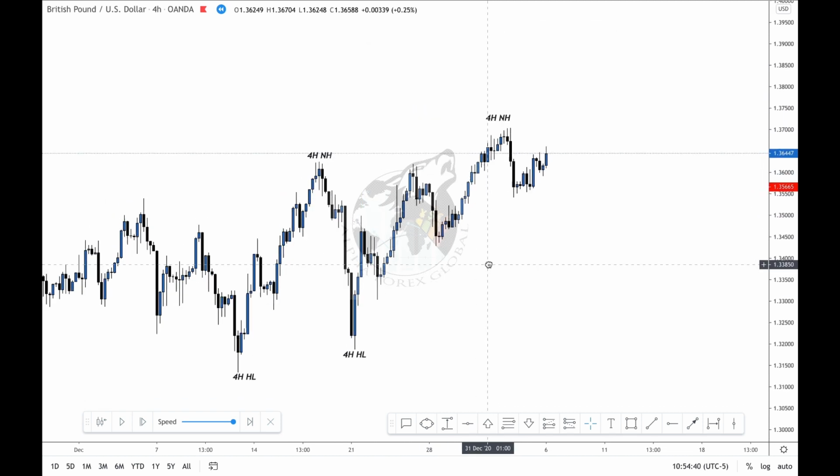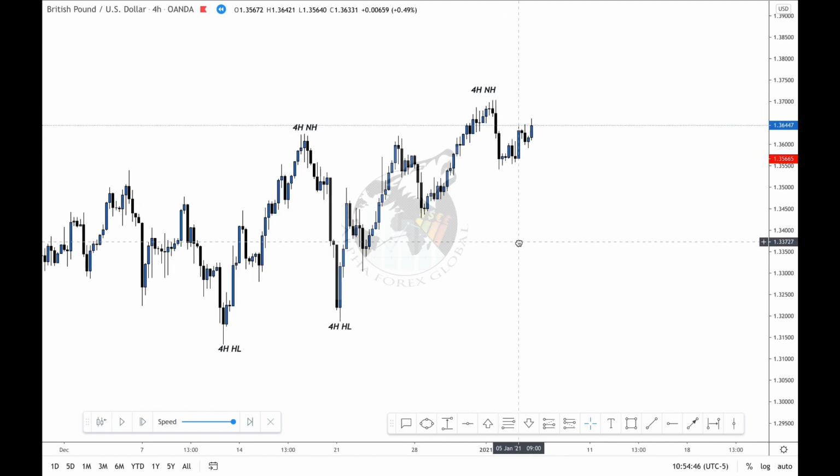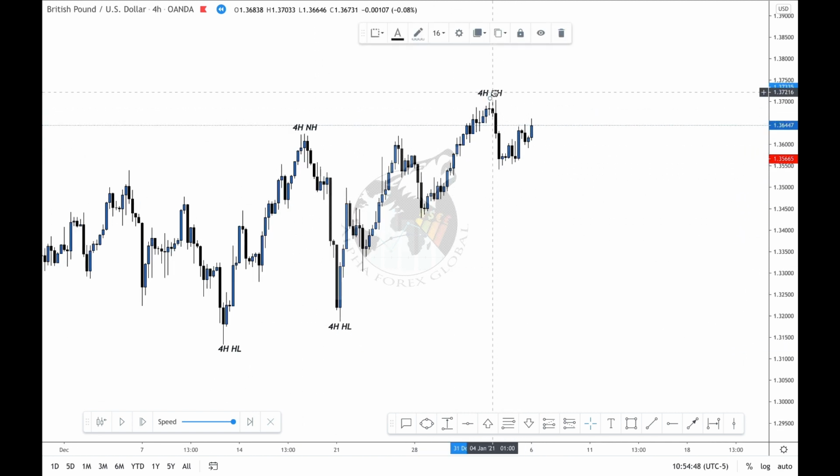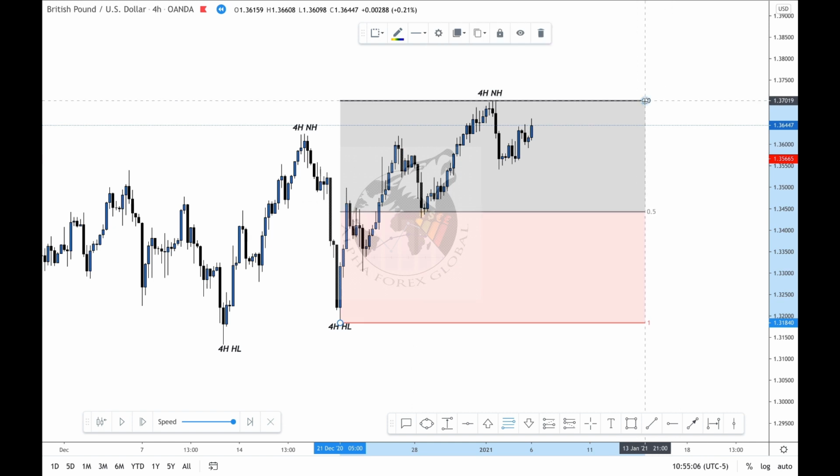So now that we have identified the 4-hour structure, which is this point right here, this point, and this point, right? So from a 4-hour time frame point of view, from a 4-hour high, we need to create what? We need to create a new higher low to continue this uptrend. And normally we create higher lows in what? In discounted price.